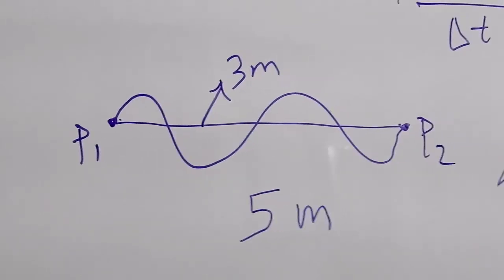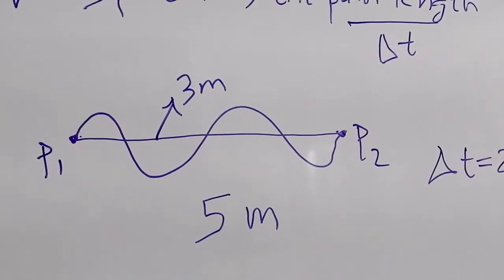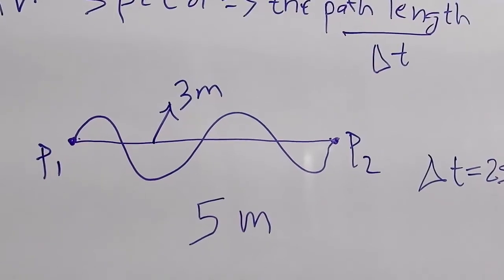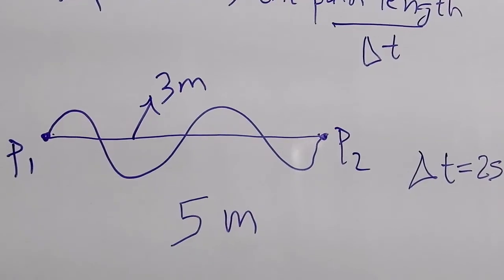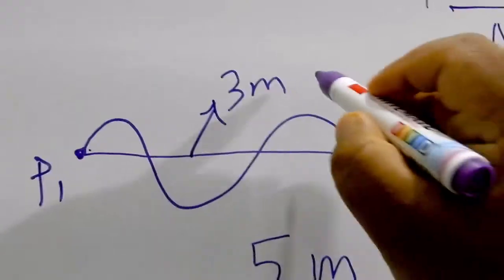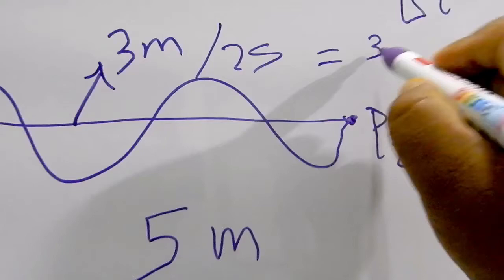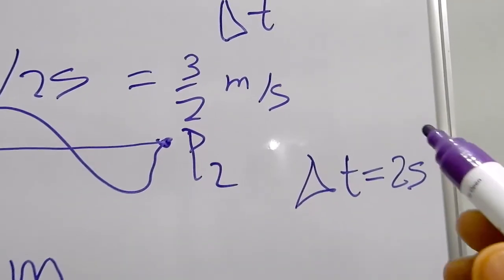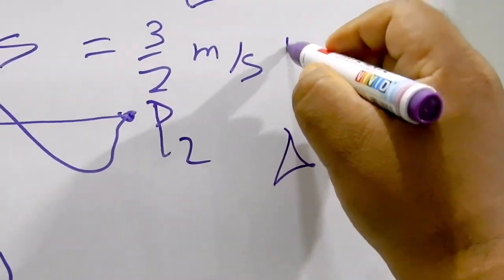Now the average velocity is related to the displacement, and the displacement here is 3 meters divided by 2 seconds, which gives 3 by 2 meter per second. And this should also have a direction, let's say along north.